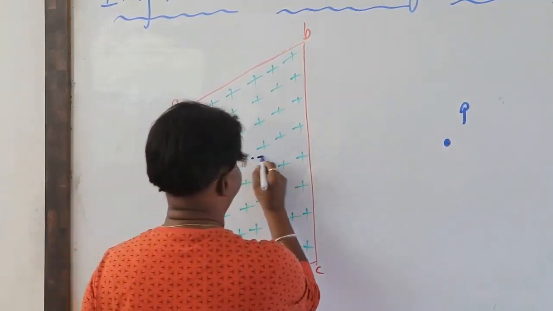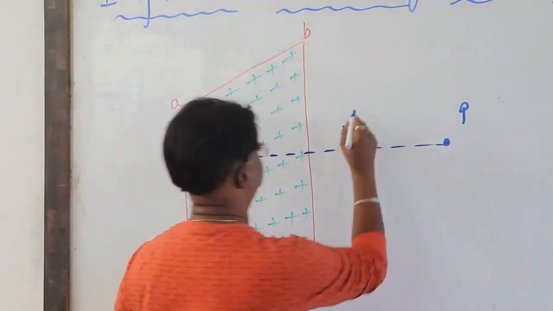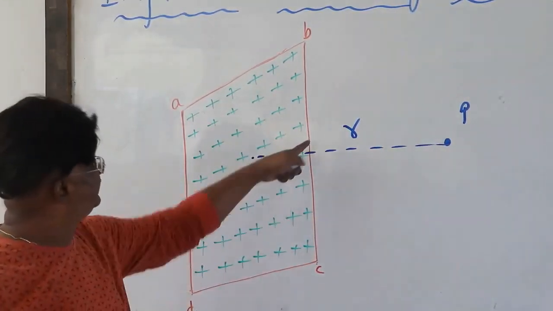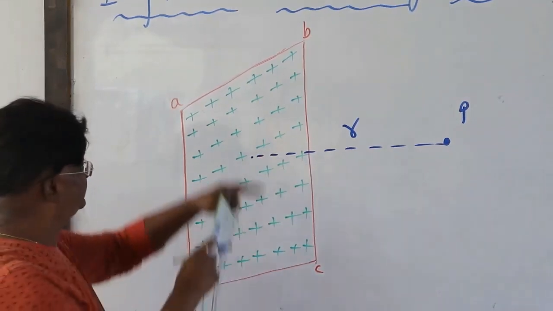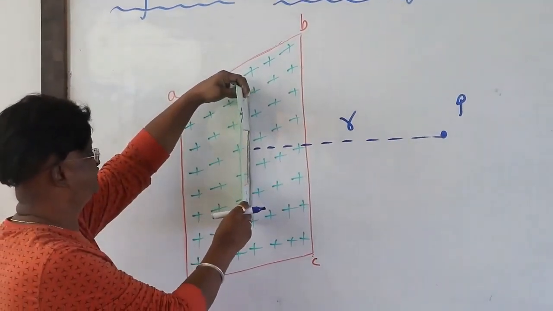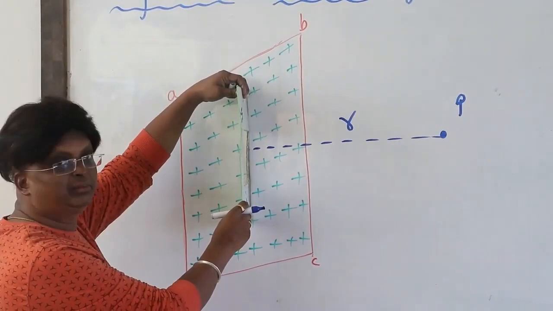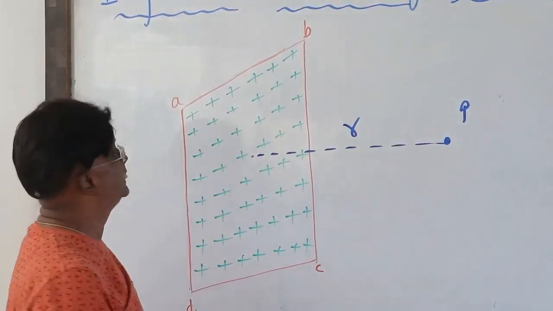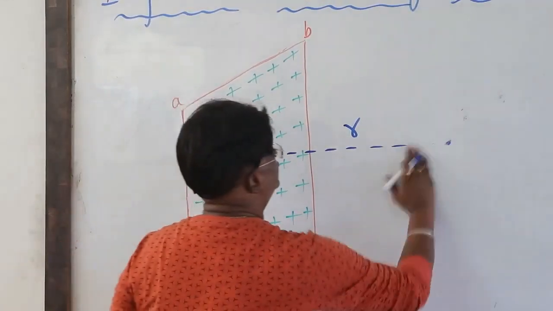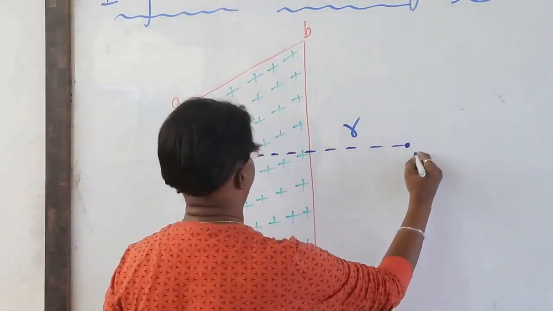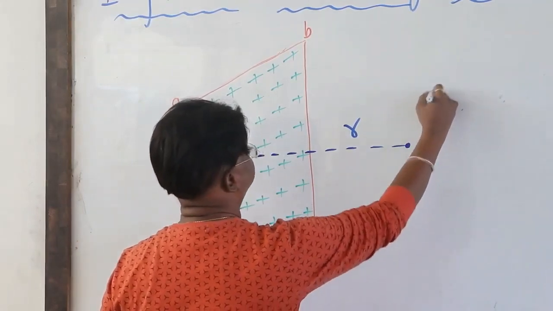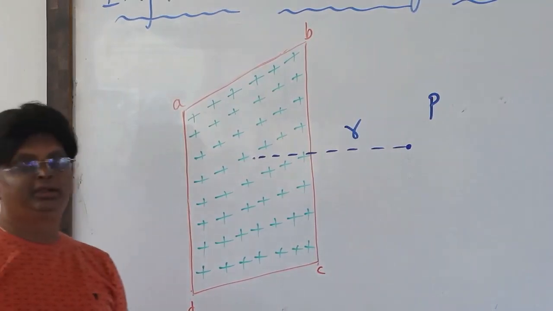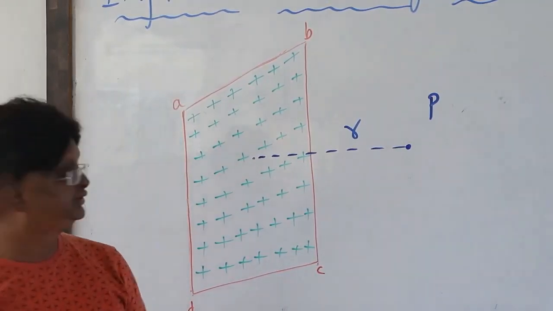Now this is the distance, which I call R, not from this edge. Please remember, one more time, wherever the sheet of charge is placed, this is the distance we have told, right? Now let me take this point P, the point under consideration, at distance R, where we are interested to find out the intensity.